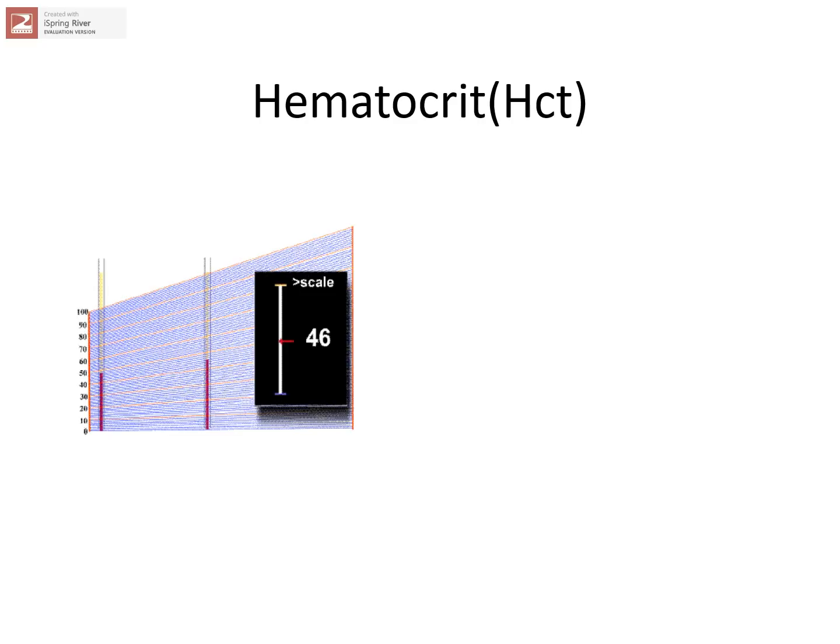One of the tests in the CBC is a hematocrit. So we've talked about counting the numbers of red cells. It's also helpful to have an estimate of the percent of red cells in whole blood, and that's the hematocrit. It's sometimes called the packed cell volume.